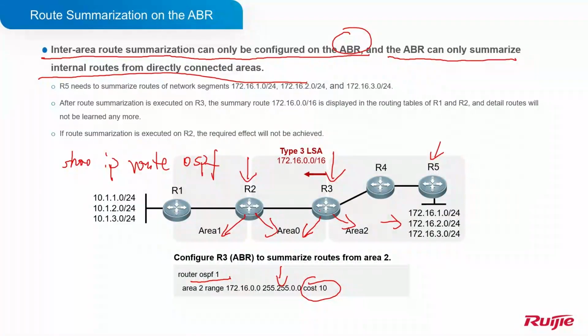Okay, so if route summarization is executed on the R2 device, it means we configure this command on the R2 device, so the required effect will not be achieved. It means we can't see the route summarization successfully because the R2 device does not belong to area 2, right?